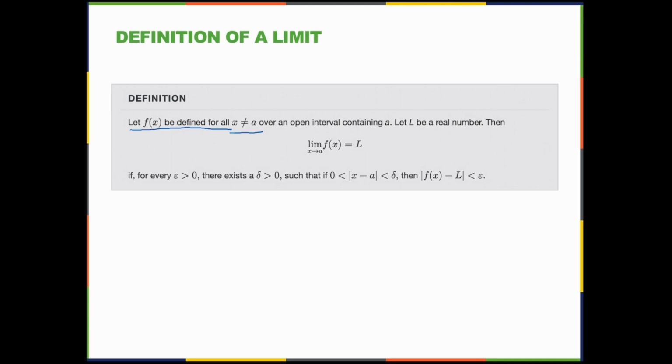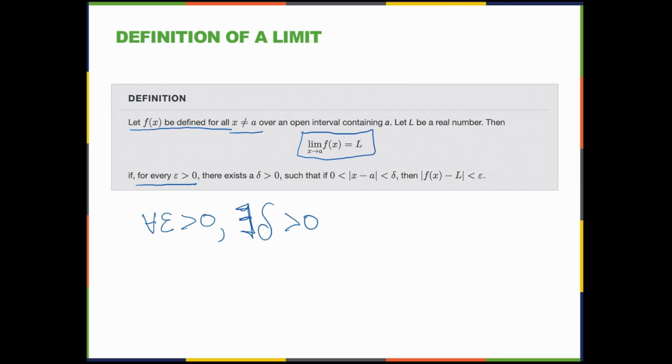So if we have the limit as x approaches a of f of x is equal to L, we should be able to write out this proof. It says for every epsilon greater than 0, and you might see it written like this, because remember that the upside down capital A means for all. Then we would say there exists, with the backwards capital E, a delta greater than 0.